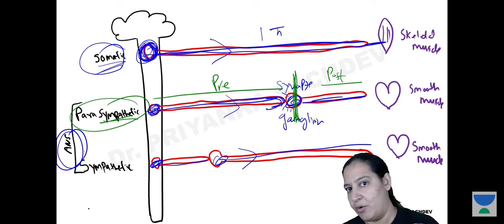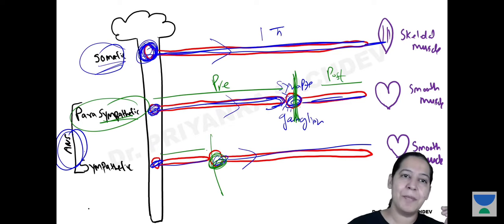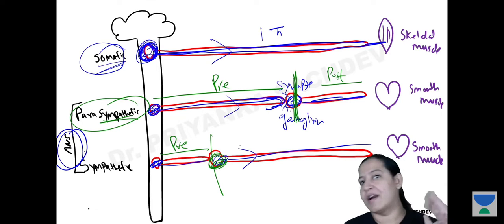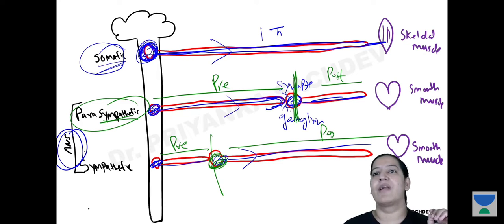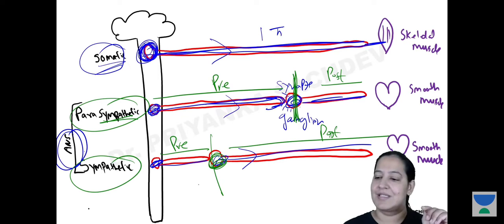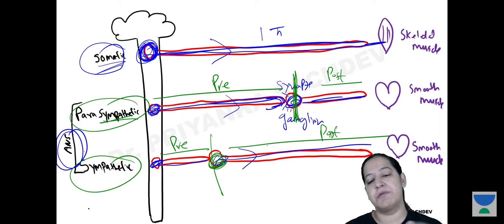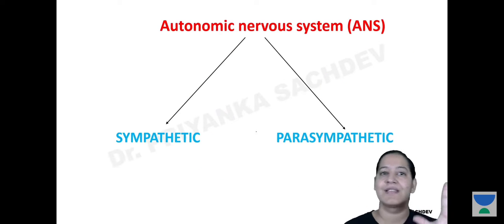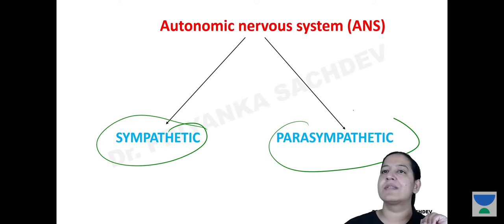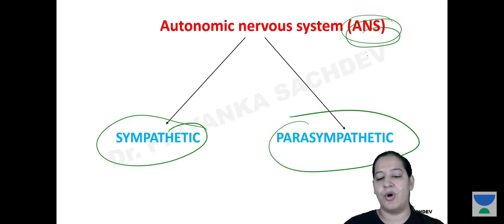See the other way around. Here in the second diagram, you can see the ganglion is towards the CNS. So here the preganglionic fiber is shorter and the postganglionic fiber is longer. So this system is known as the sympathetic system. These are the structural differences between the sympathetic and parasympathetic nervous systems. These are the two types of nervous system which are present under the ANS, the autonomic nervous system.